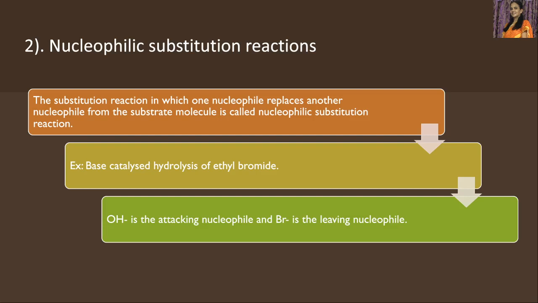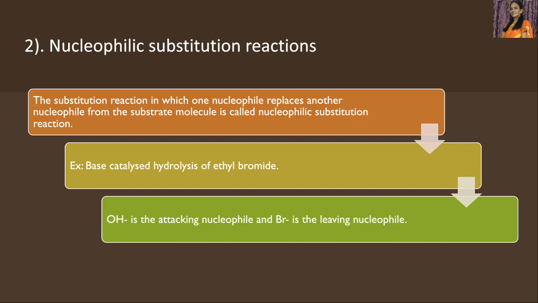So the nucleophile present in the reagent replaces the nucleophile present in the substrate to form a substituted product. This reaction is known as nucleophilic substitution reaction. The best example for nucleophilic substitution reaction is base catalyzed hydrolysis of ethyl bromide.